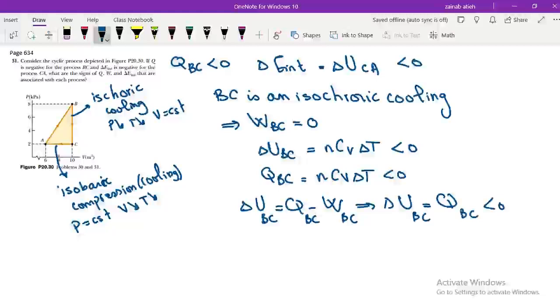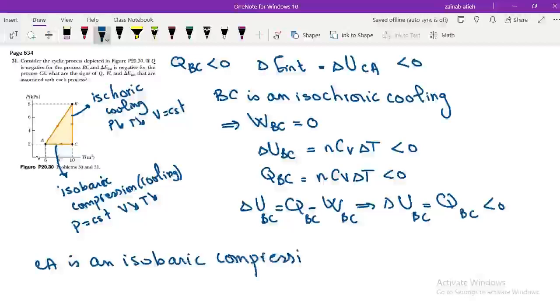We have finished the first part for the first process. Let's now move to the second process, which is CA. CA is an isobaric cooling or compression, because we are going from large values of V to small values of V. We can first start with the work, which is the easiest one.